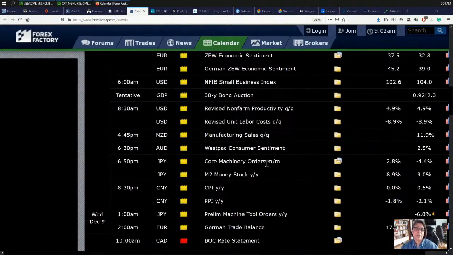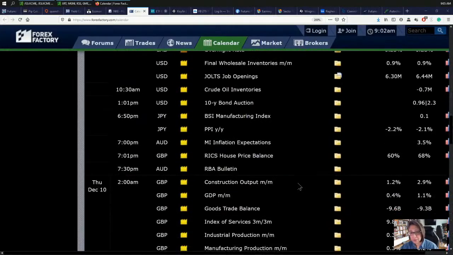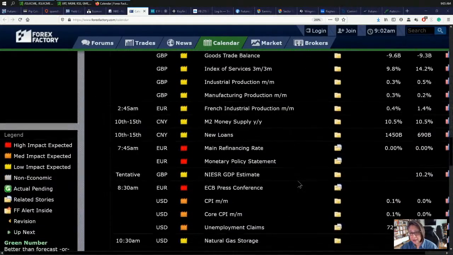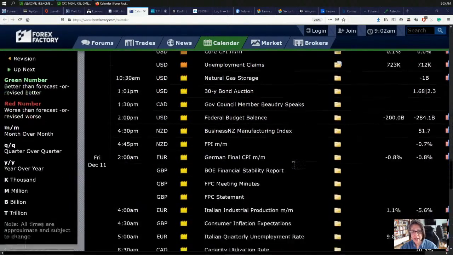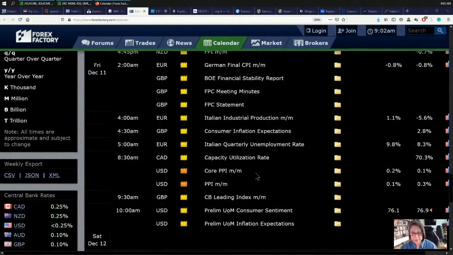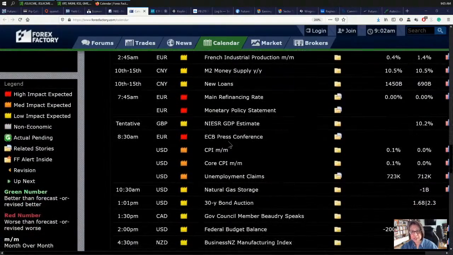That's not that uncommon coming after non-farm payroll, that there's a very quiet economic calendar. You keep scrolling through, not a whole heck of a lot, gang. I mean, at all until we get to Thursday with the CPI numbers, and then we get to Friday with core PPI.